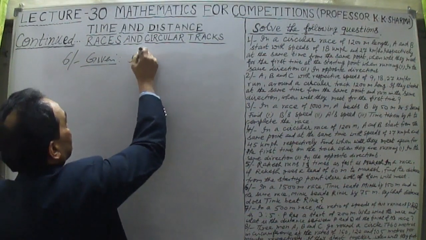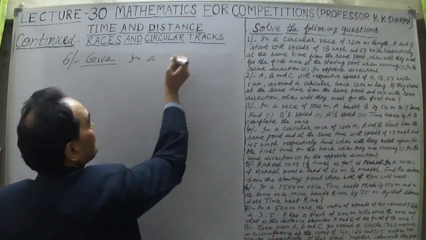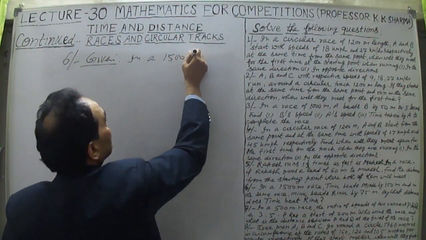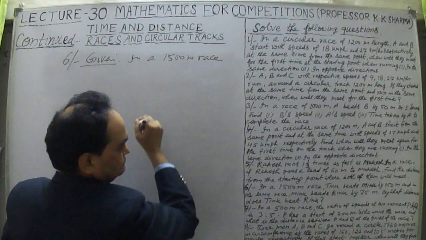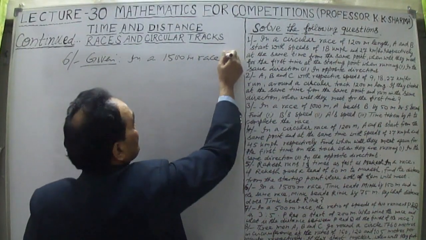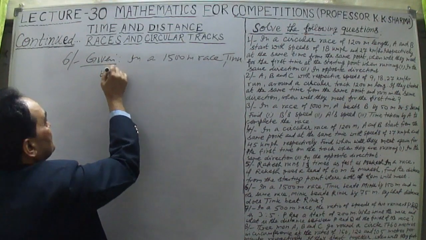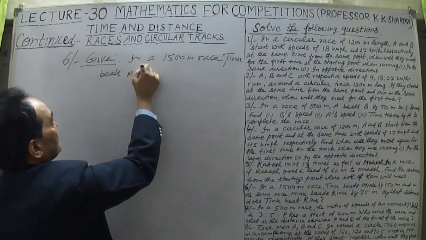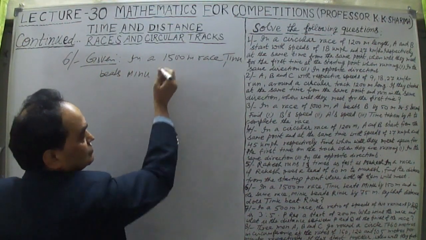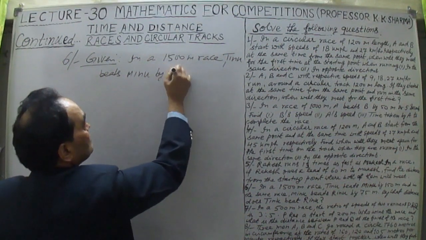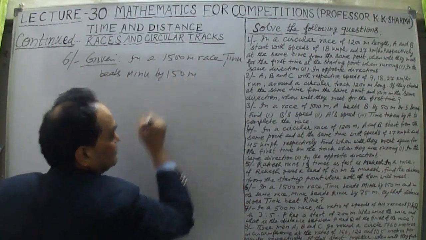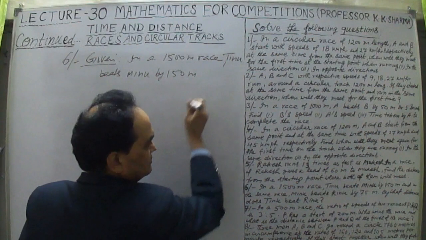What is given in a 1500 meter race? Tinu beats Minu by 150 meters. Try to understand this point.